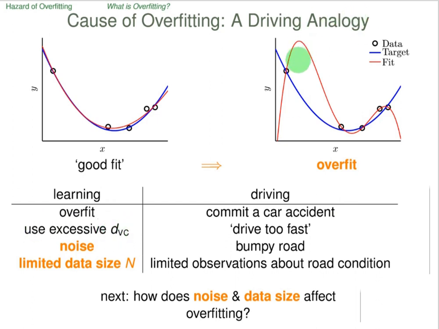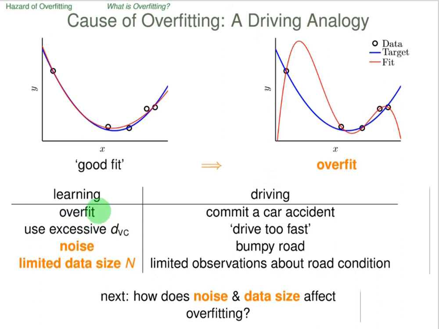In this case, the original target function is a second order polynomial, but we're using a quite more powerful hypothesis, which is fourth order, to fit. So excessive VC dimension than needed. In human driving, excessive use of VC dimension can be related to driving too fast.